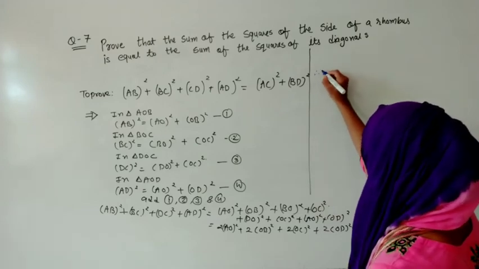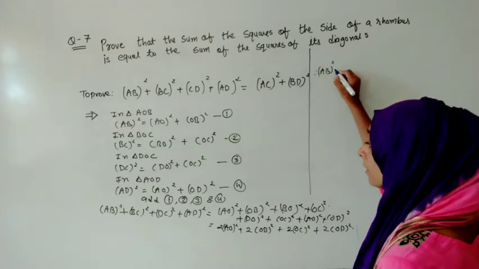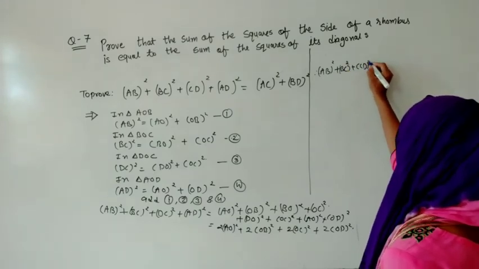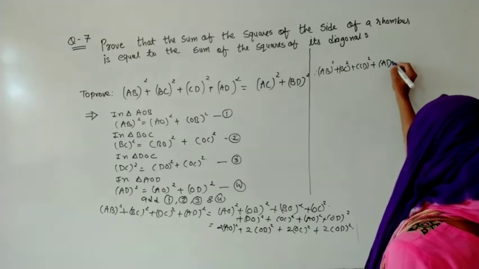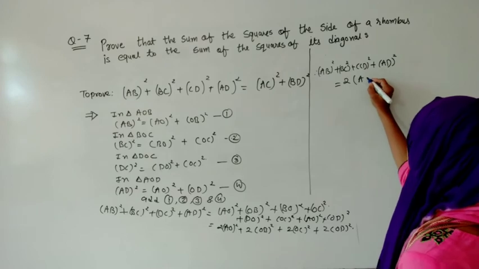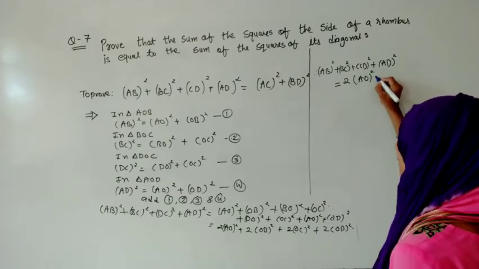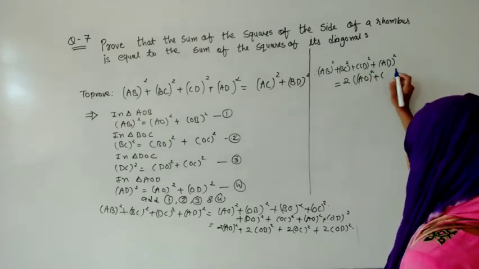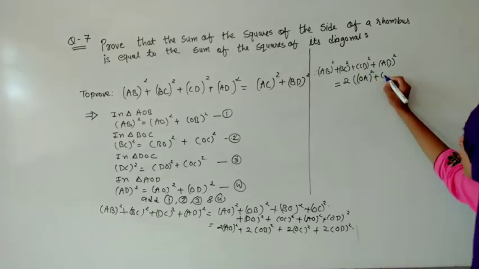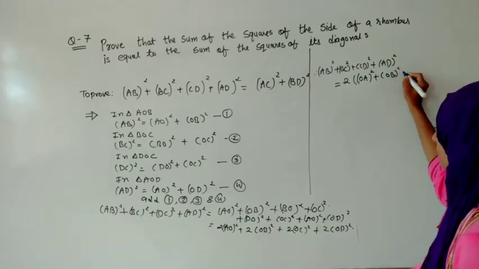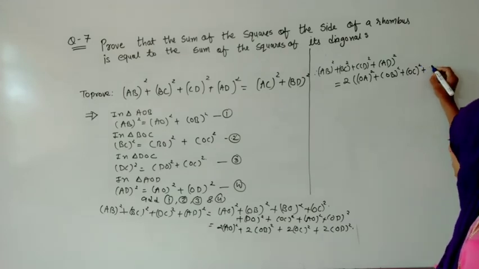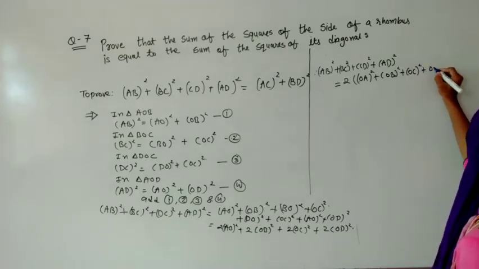So here we got AB whole square plus BC whole square plus CD whole square plus AD whole square, and that we are taking 2 common, so it will look like AO whole square, right, plus, sorry, it is OA, I wrote AO, OB, OC, and the last one is OD.